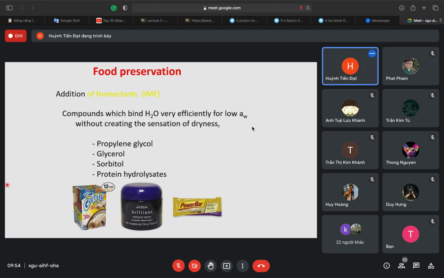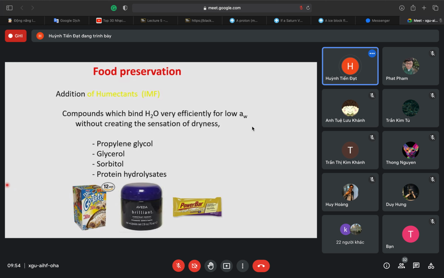Okay, so one important point is that we should understand the combination of the acid and also the water activity. In the US FDA, they care much about the pH: when the pH value of the food is over 4.6, they consider it a low acid food.